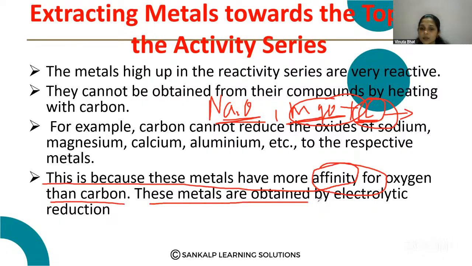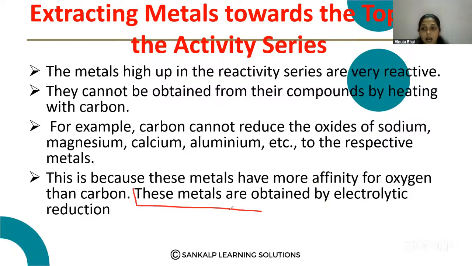These metals are obtained by electrolytic reduction. So what is this electrolytic reduction? How are we able to obtain this pure metal? ಈ pure metal ಬೇಕು ಅಂತ ನಾವು ಹೇಗೆ obtain ಮಾಡಬಹುದಲ್ವಾ? So that is by the electrolytic reduction. Okay, let us see how we can use the electrolytic reduction here.